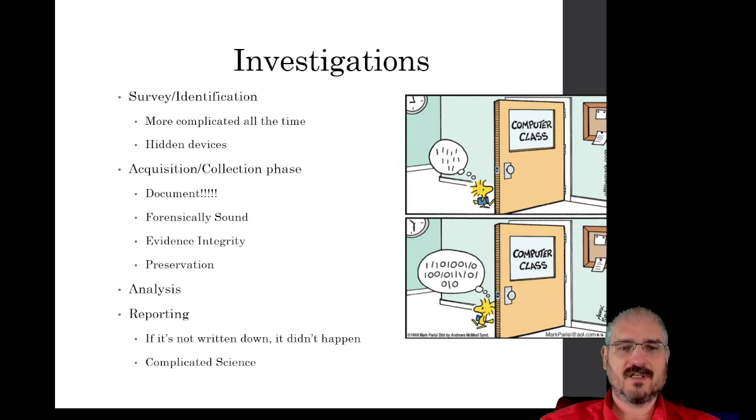The first is the survey phase, right? This is where we go out to a crime scene and we search for all the evidence we can find. Obviously, this is going to include things like fingerprints and DNA and all the traditional evidence, but it's also, again, increasingly involving digital evidence. And 20 years ago, it was, is there a computer or a laptop at the scene of the crime?